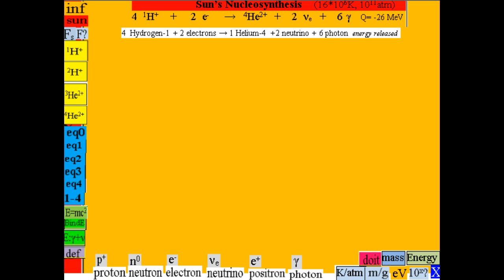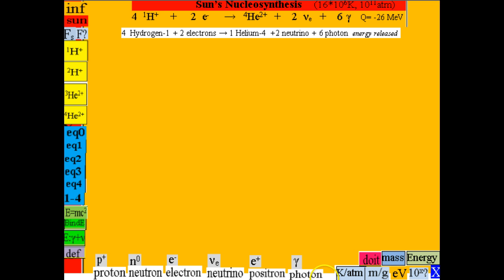Now we want to answer the question: is there a difference between the mass that we put into the system and the mass that we get out of this system? Is the mass on the left-hand side of this equation the same as the mass on the right-hand side of the equation, or is the mass different?